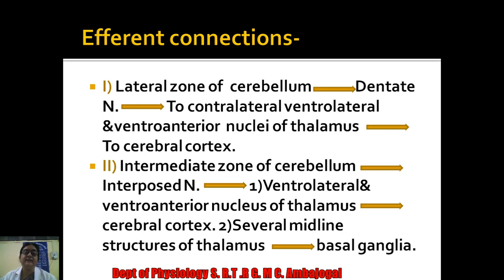So while dealing with these efferent connections, you must know that this information is always carried via the nuclei. So we will discuss the efferent connections in consultation with the deep cerebellar nuclei.